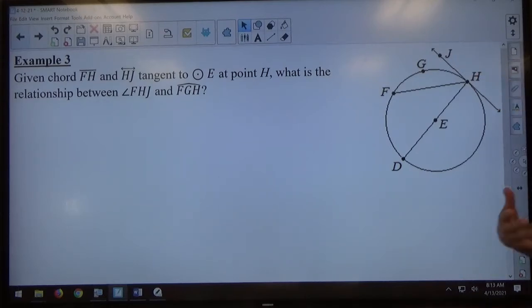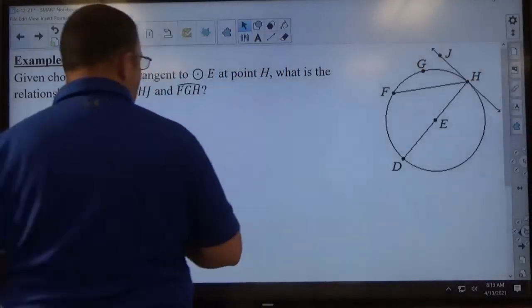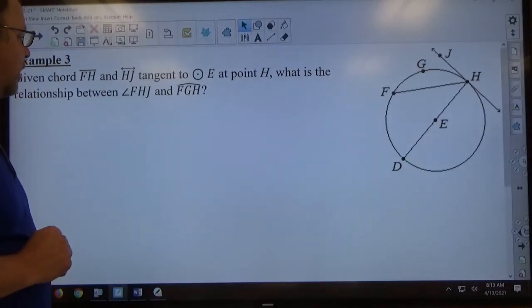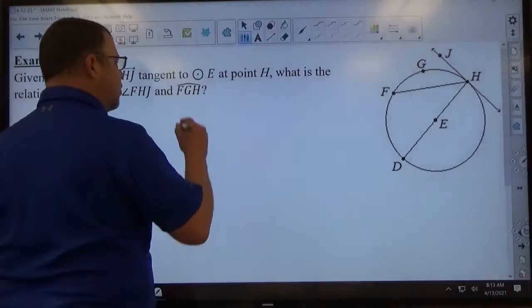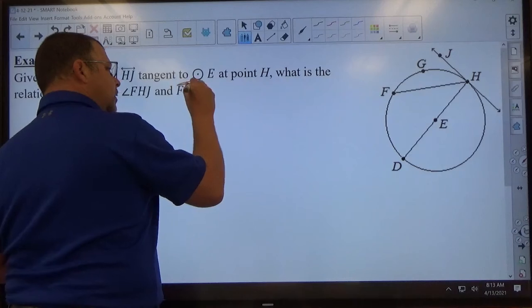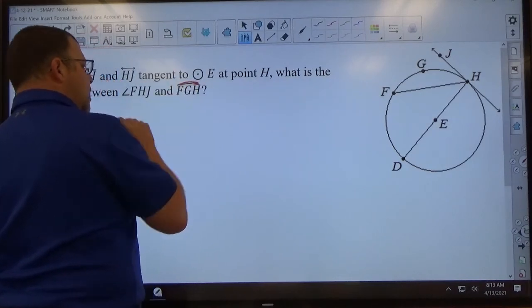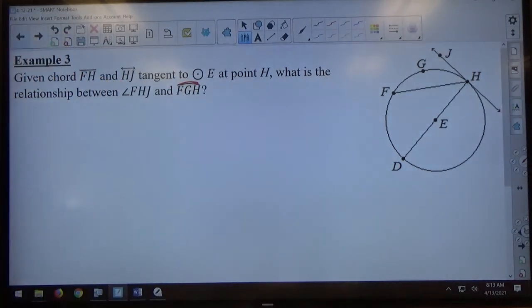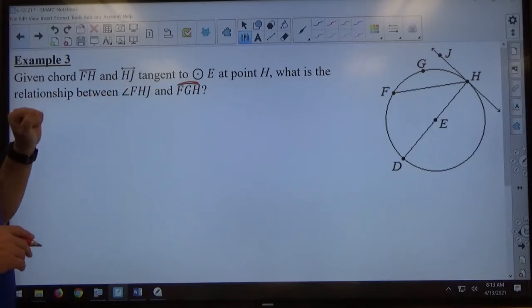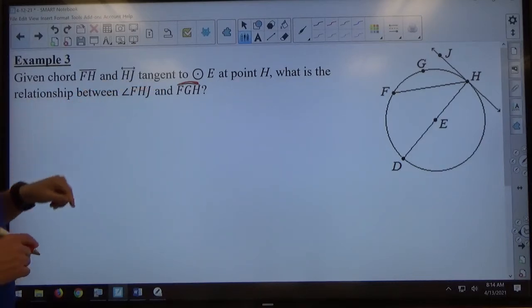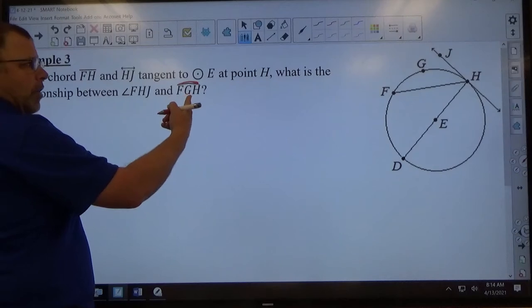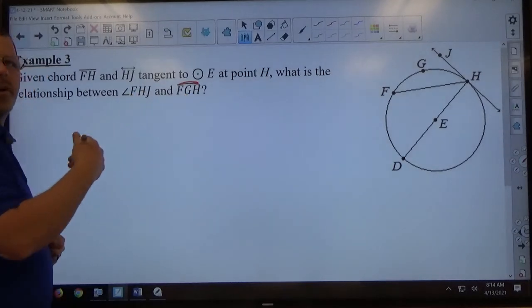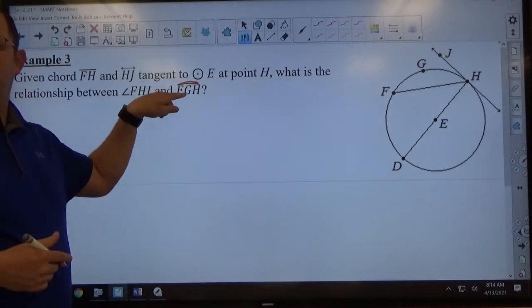So what they want is to figure out any relationship between angle FHJ and arc FGH. Just like yesterday when we were trying to find relationships, I use different letters to represent these. It's easier to work with a single letter. Arcs have an angular measure, angles have an angular measure, arcs have a length, angles don't.